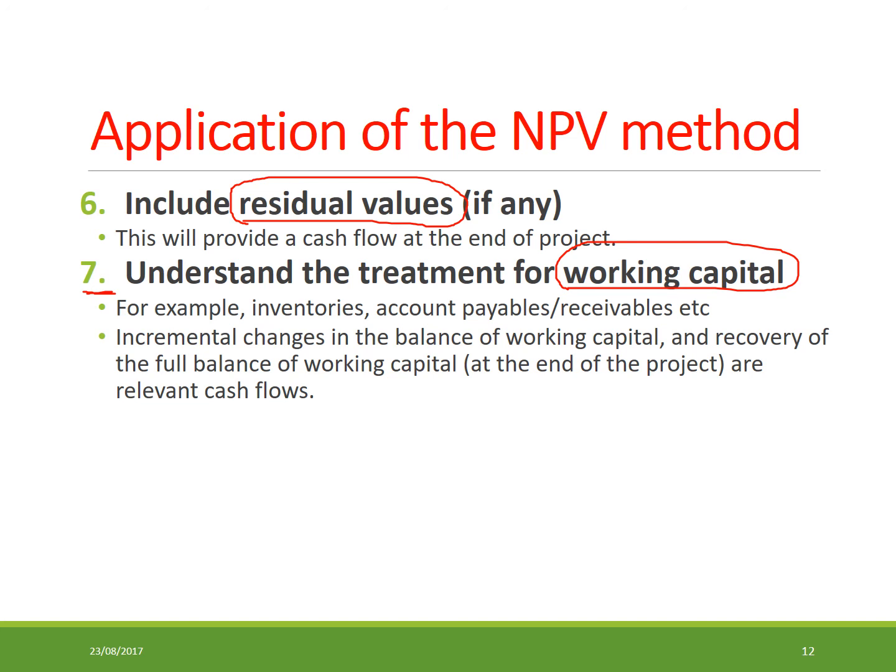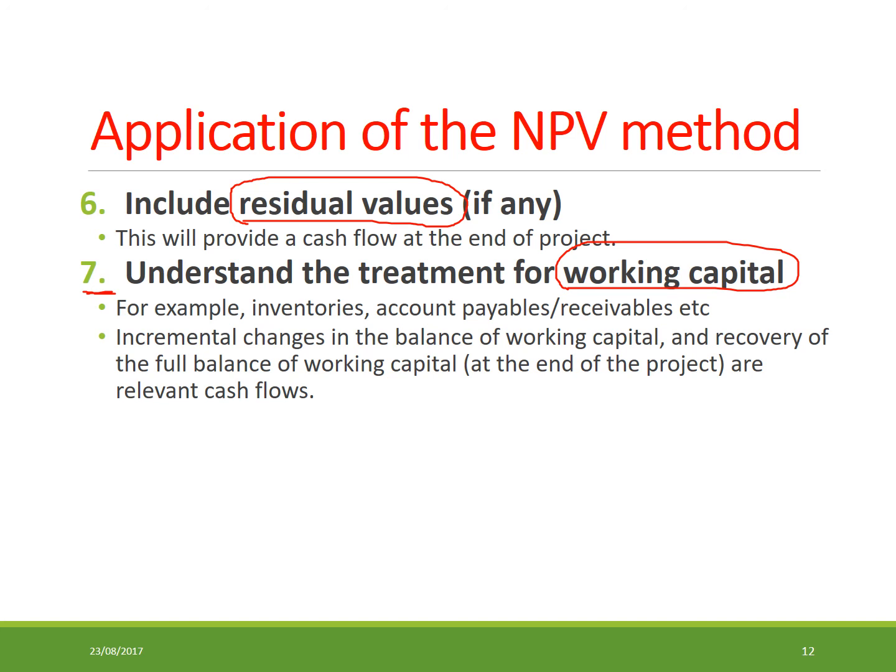So if I have to run my coffee machine today, I need the cups, right? I need the plastic cups. So if I were to buy 10,000 cups, for example, that's my inventory. If I buy the cups, I have to pay money to my suppliers, yeah? So that will be a cash outflow for me.